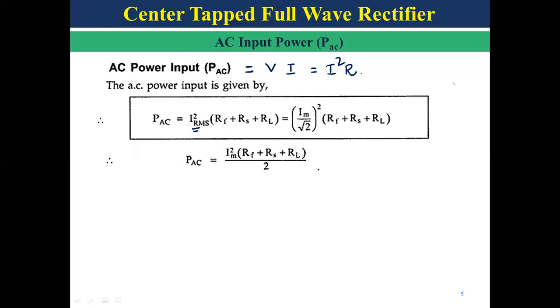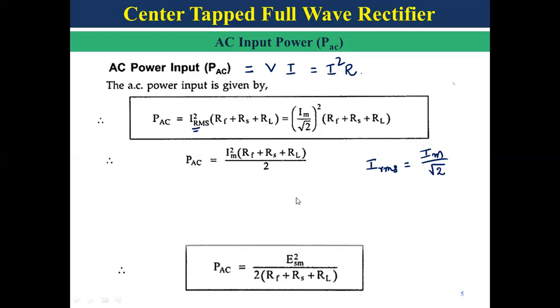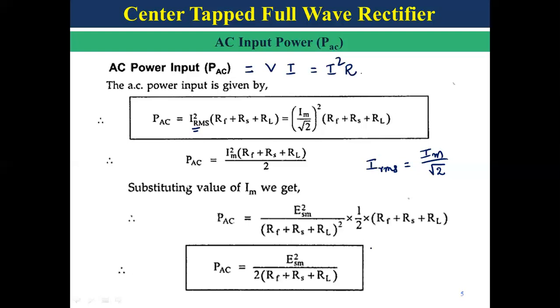And we already calculated the IRMS value, that IRMS equal to Im by root 2 for center tapped full wave rectifier. So substitute Im by root 2 in place of IRMS, then Im by root 2 whole square into RF plus RS plus RL. Then our PAC equal to Im square into RF plus RS plus RL by 2. Then substitute Im value.